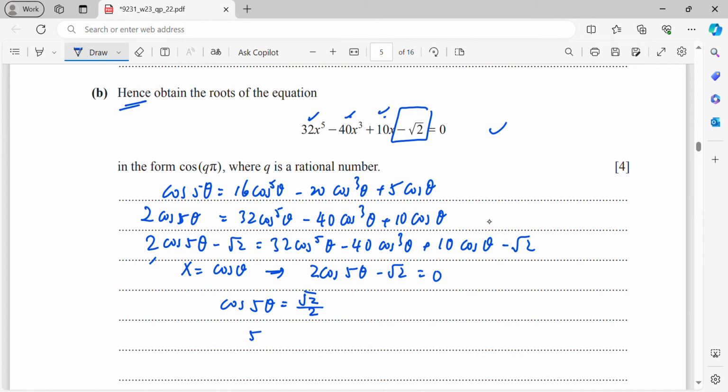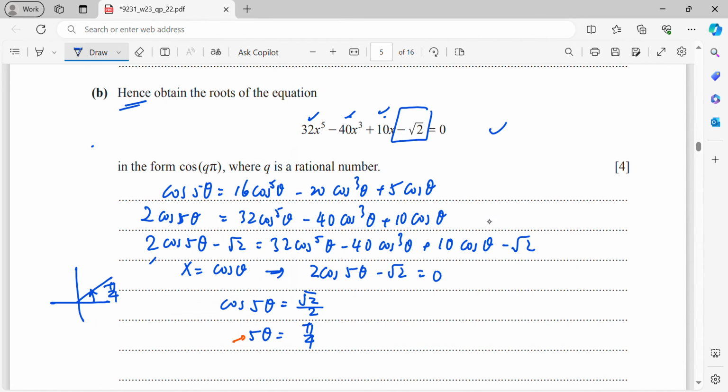Okay, then your 5 theta. Now look at here, your cos is positive. Therefore, by using the quadrant, it will be in the first quadrant. Alright, so when you use a calculator to get the basic angle, that is pi over 4. Inverse cos of root 2 over 2 is pi over 4. But now, look at here, this is 5 theta, which means that we need to generate 5 angles.